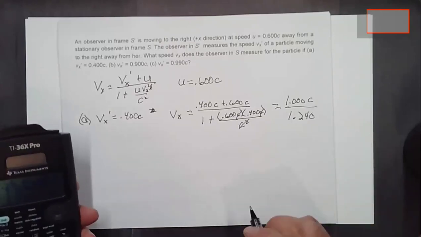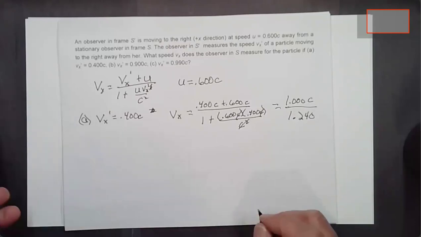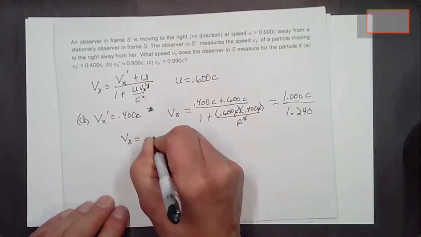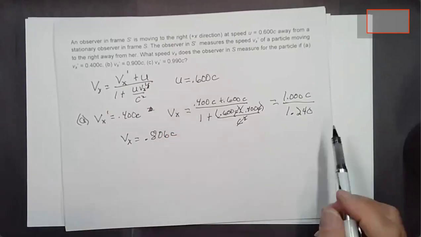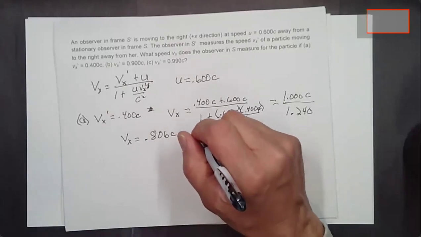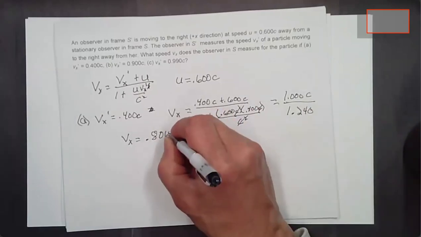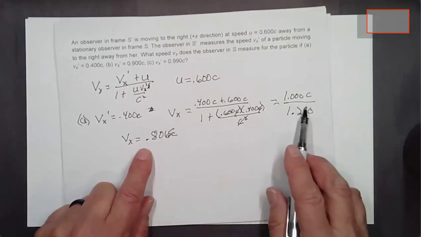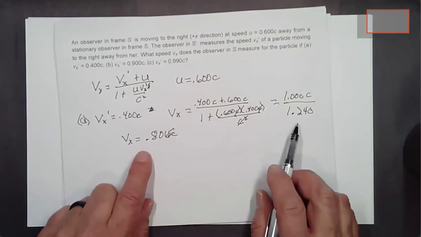And I get 0.806, so v sub x equals 0.806 c. I guess you could call it 0.8065 c, but it's not going at the speed of light. So it got closer to it, but did not exceed it.